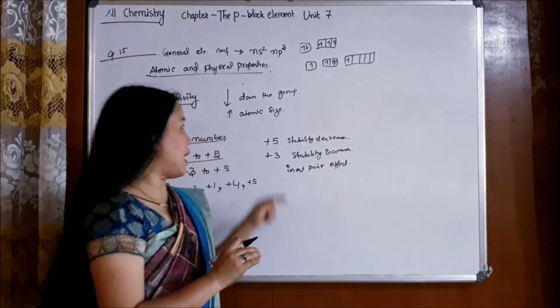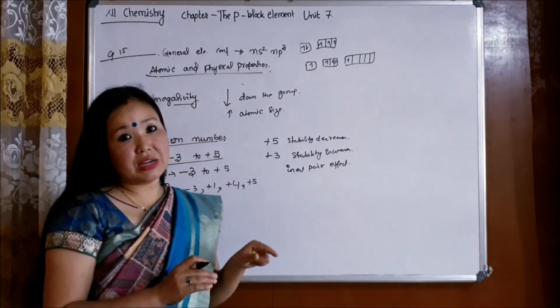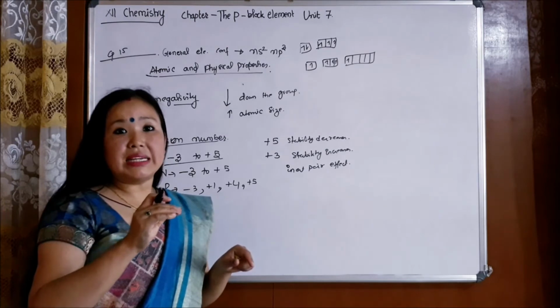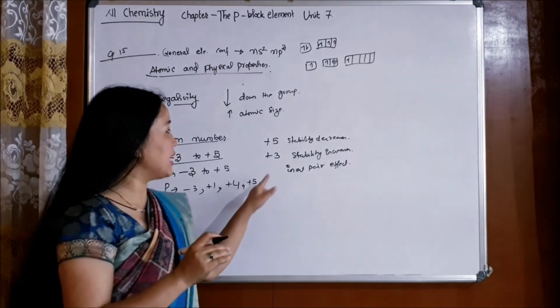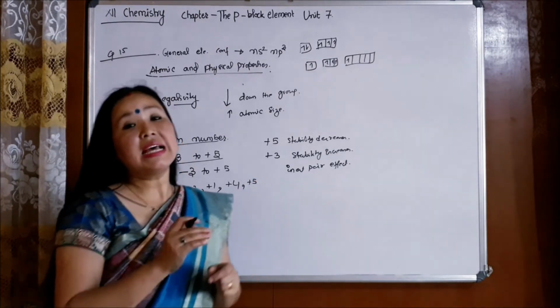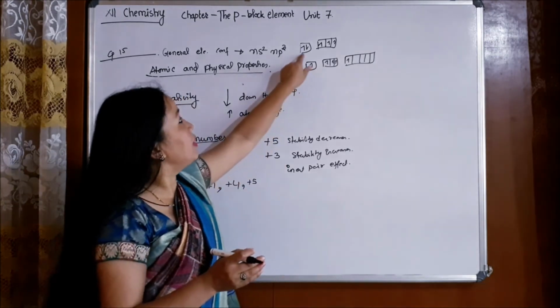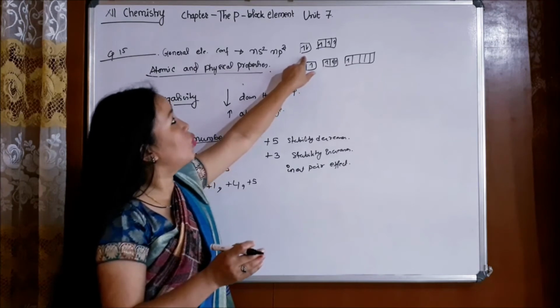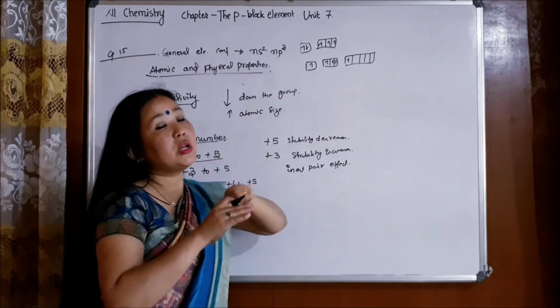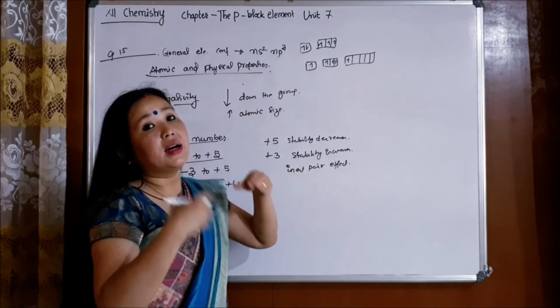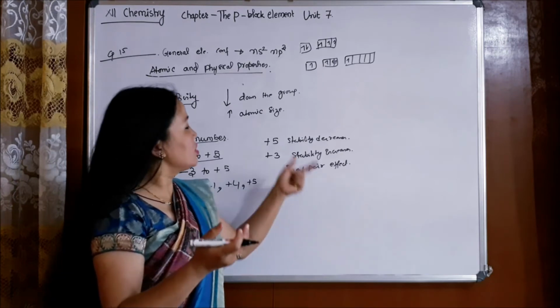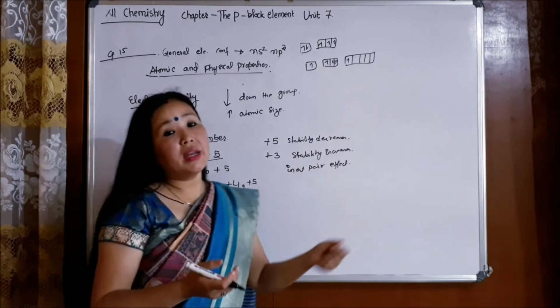Because of that, the stability of the +5 oxidation state decreases down the group, whereas the stability of the +3 oxidation state increases. This is the property by which the s electrons want to remain in the paired state. This is what is called the inert pair effect.